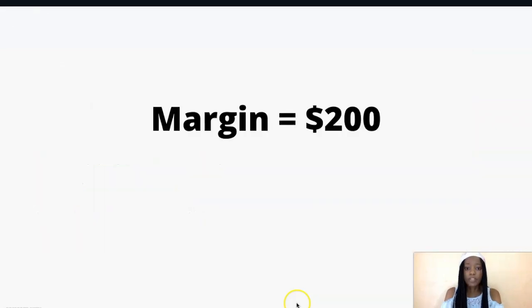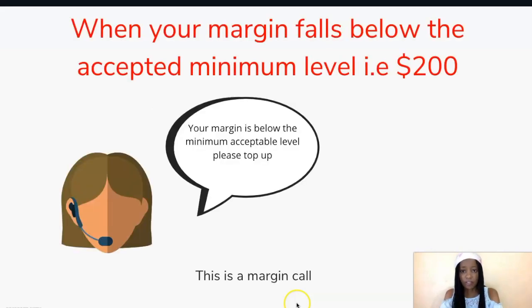So an example, if the minimum accepted level for your margin is $200 and then your margin level falls below $200, let's say it falls to $80, that's not enough for you to trade. So the broker will call you up or will text you or email you in this day and age of texting and emailing, and they will ask you to top up your margin. Okay, and that is what we call a margin call.